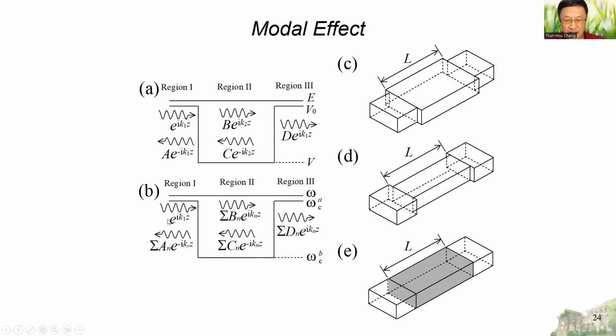Therefore, we should consider the incident wave as just one mode, but the reflected wave as more than one. We have A sub n, where n indicates the number of other modes, more than one mode. Summation. Okay, instead of one mode, we have multiple modes. That's called modal effect.